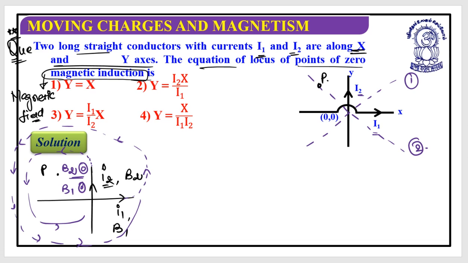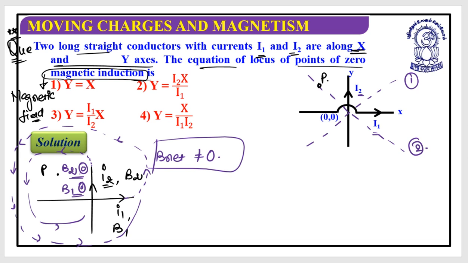As the two vectors are in the same direction, they are not going to subtract, they are going to add, and B net could not be equal to 0. I hope this is clear.